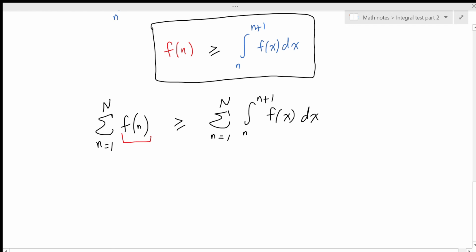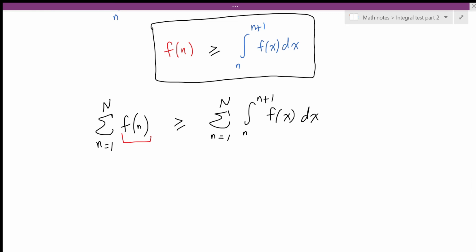And now what we have here is a sum of these integrals. They go the integral from 1 to 2, then from 2 to 3, and so on, all the way up to capital N plus 1.